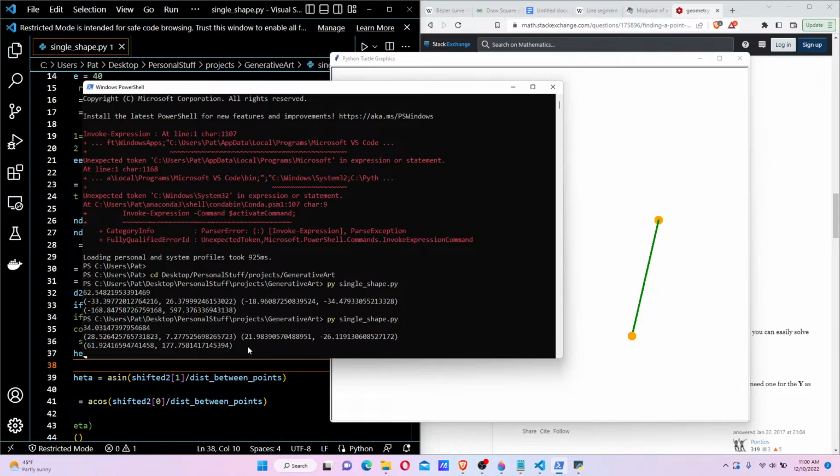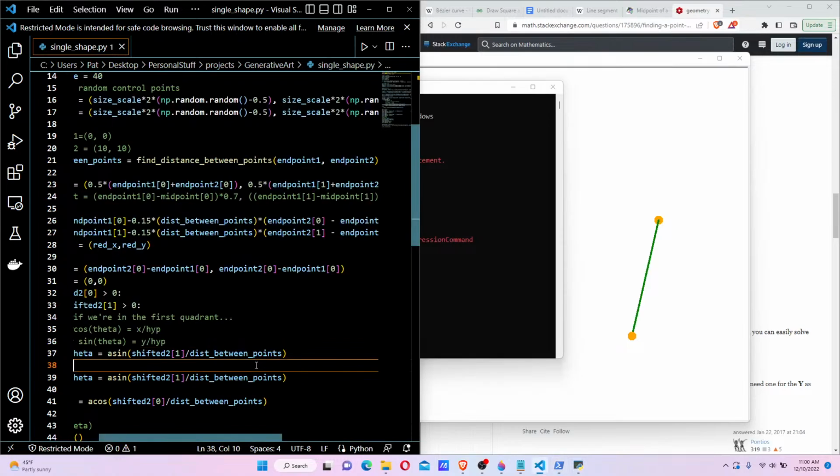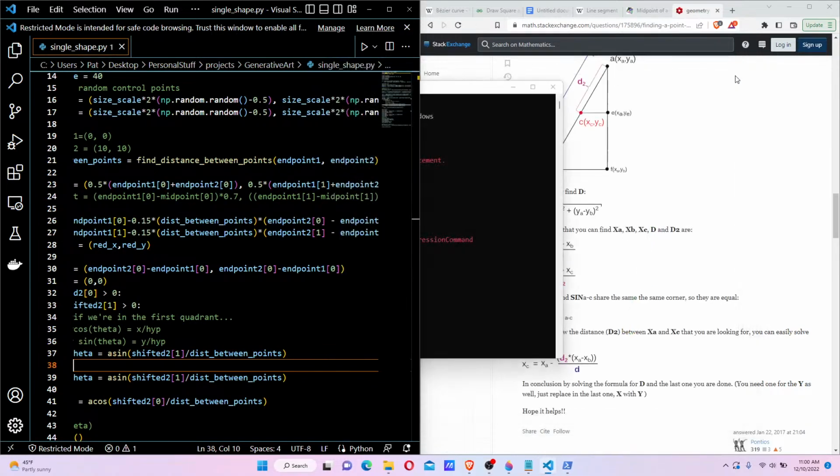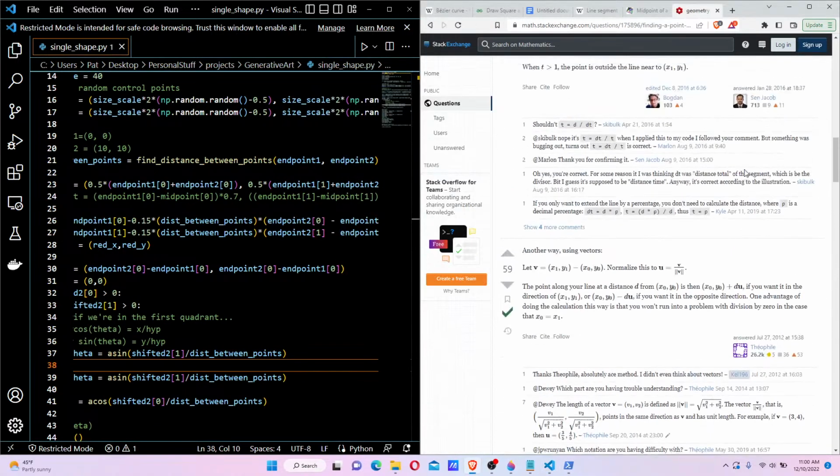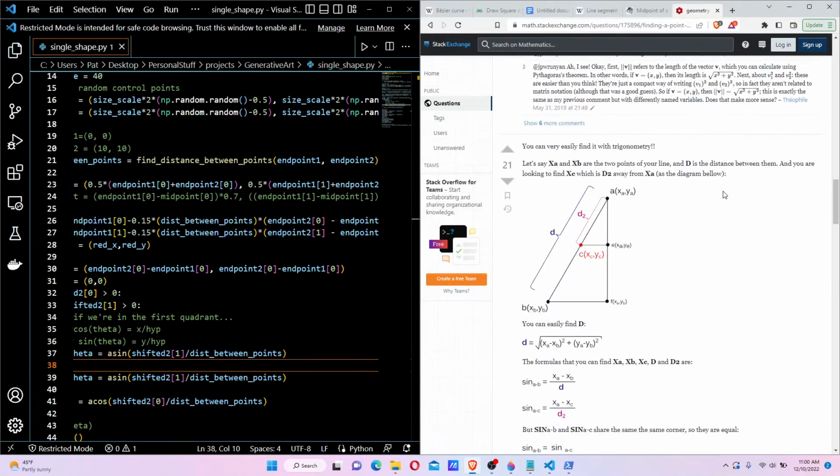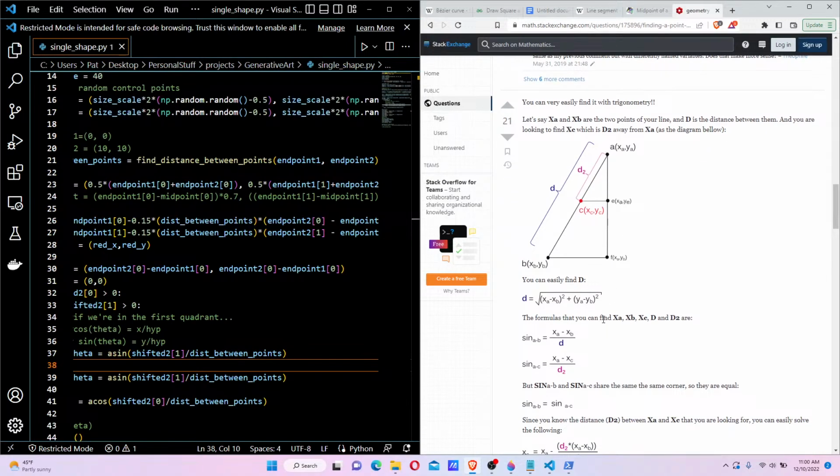So new point 61, 177. What is going wrong here? XC, D, and D2R. It's a sine of AB.